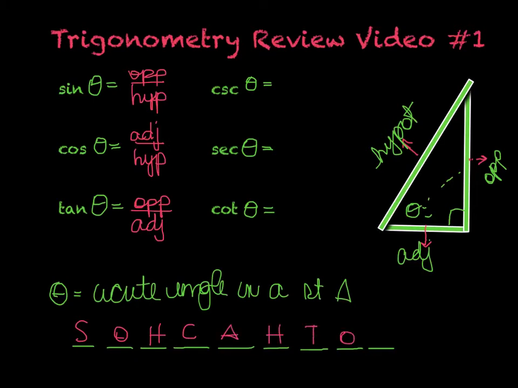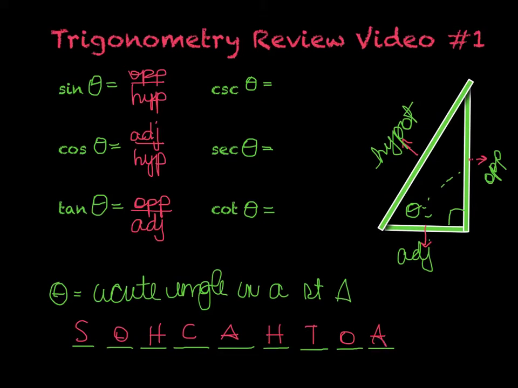This stands for, let me find that guy. Sine equals the opposite over the hypotenuse. Cosine equals the adjacent over the hypotenuse. And tangent equals the opposite over the adjacent.